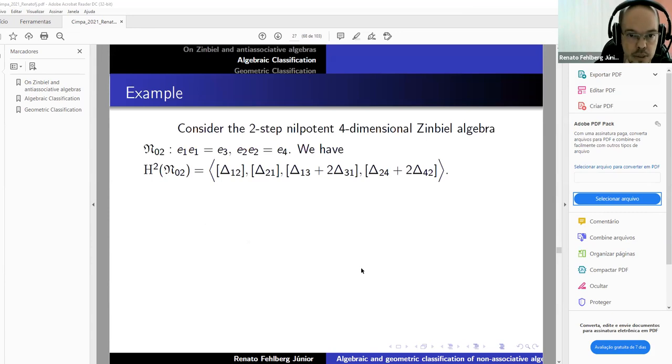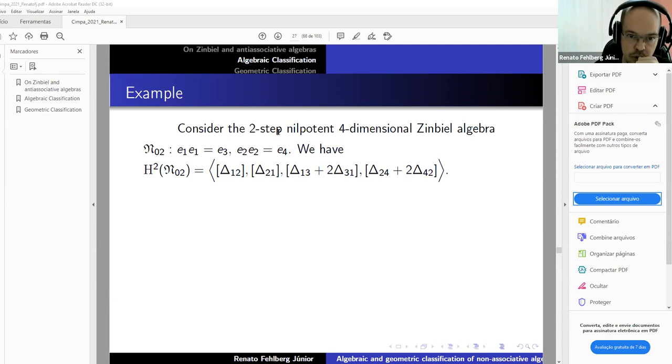Since our objective in this first part is to classify, for example, the 5-dimensional Zinbiel algebras, and there are a lot of computations to be done, I will explicitly show here one example.